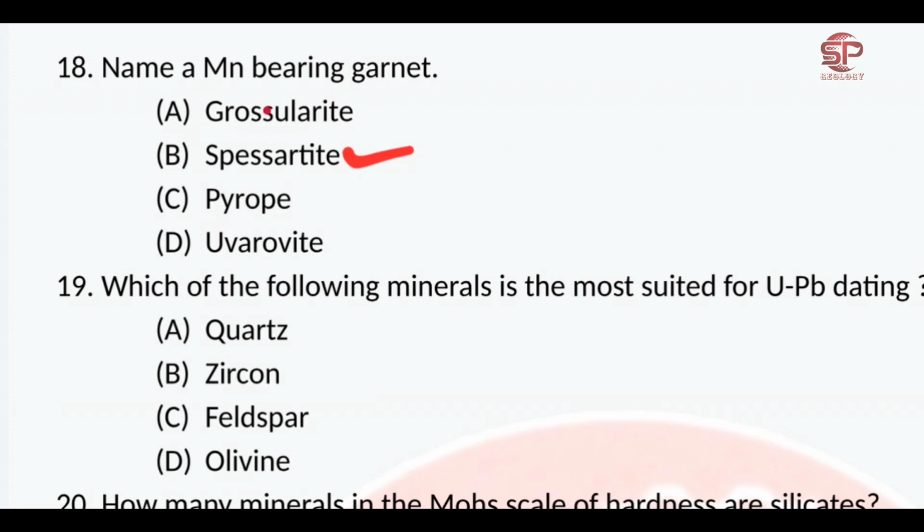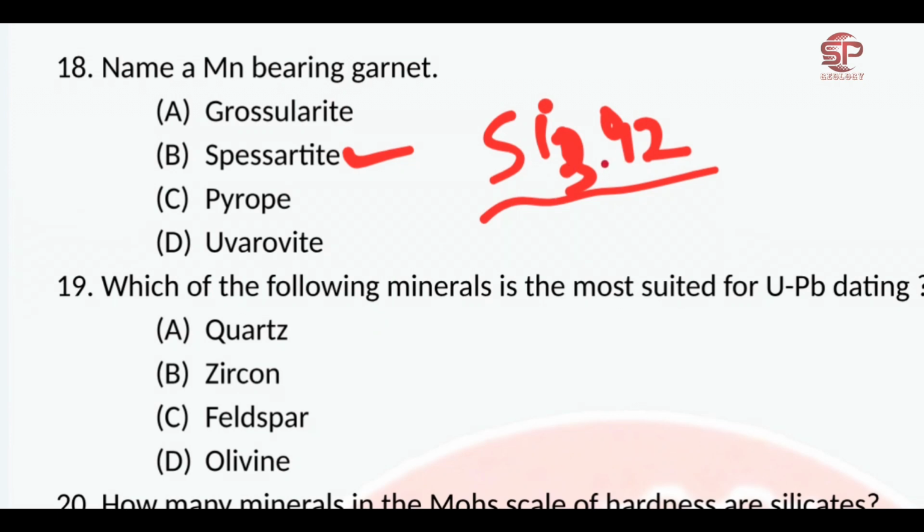Then uvarovite is chromium bearing, Ca3Cr2. Then you can add Si3O12 in all of them.